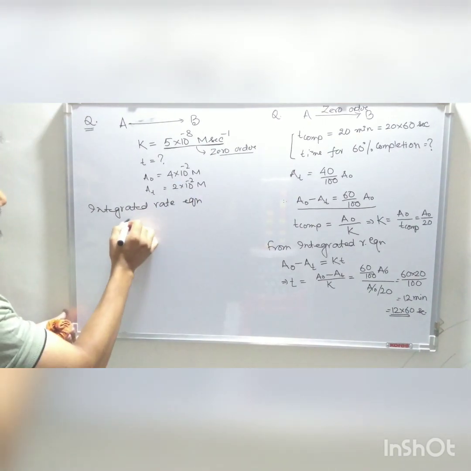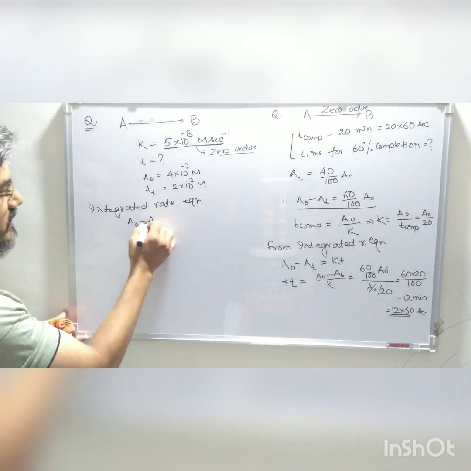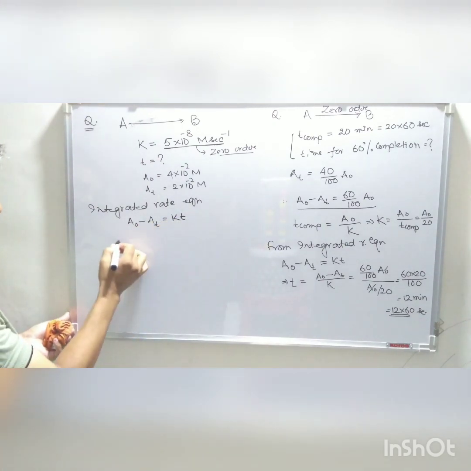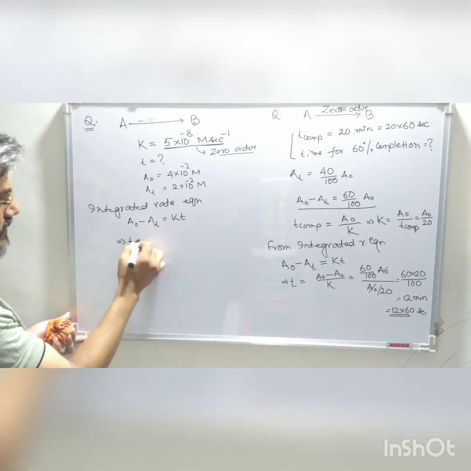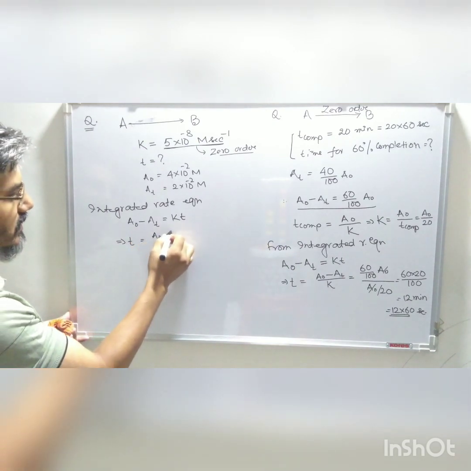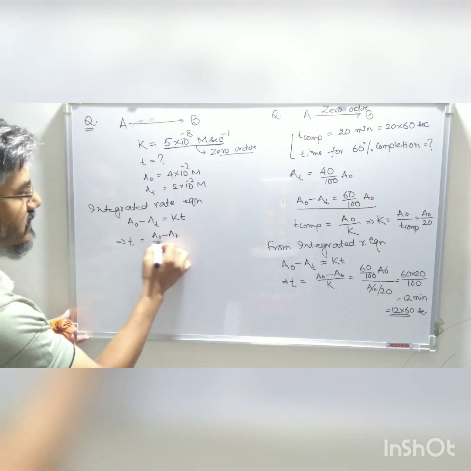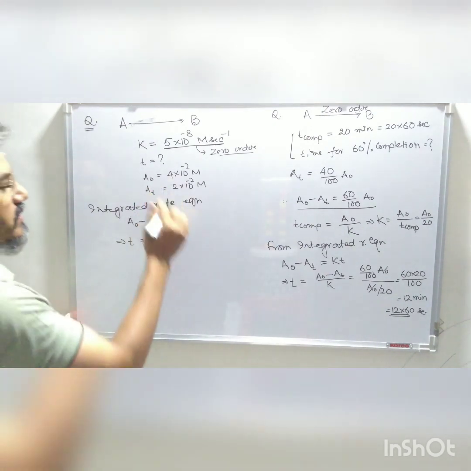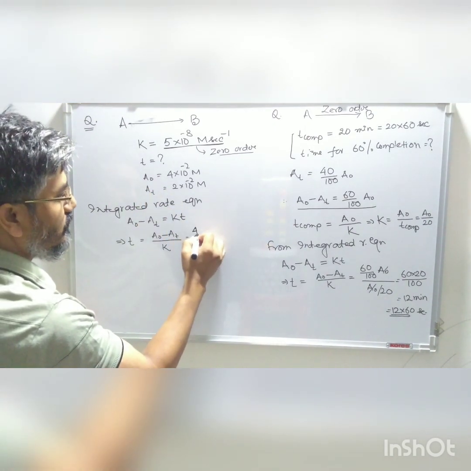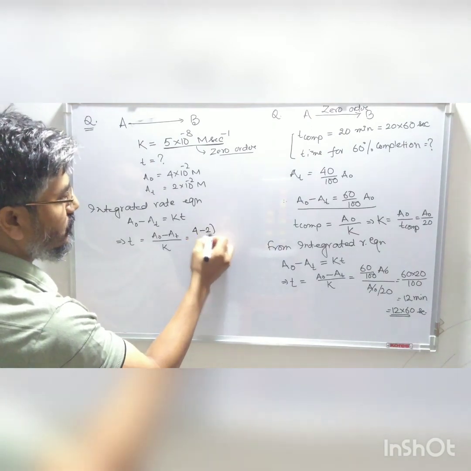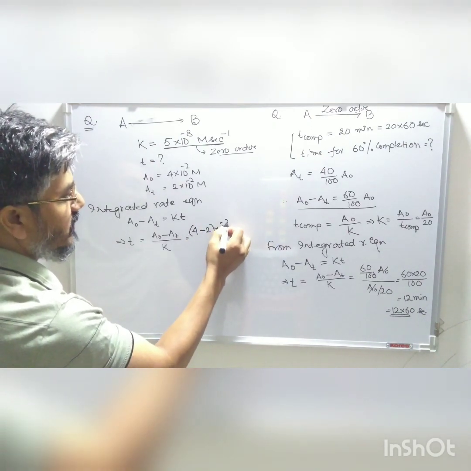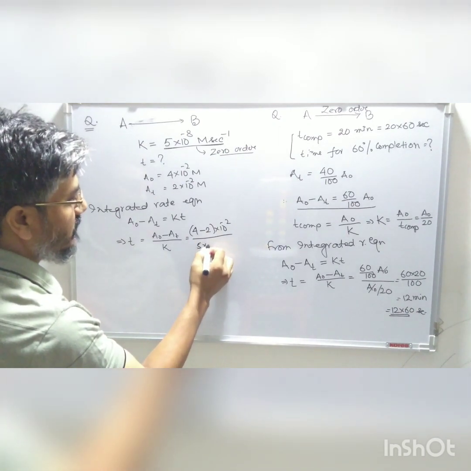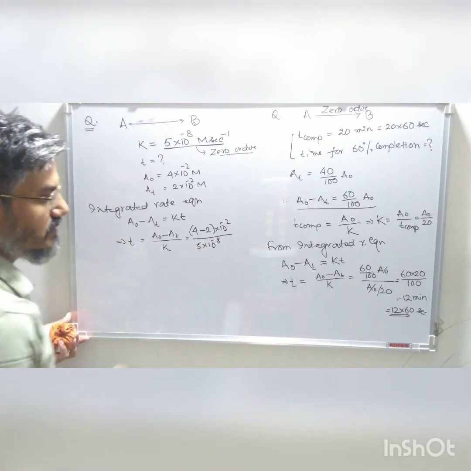The integrated equation we have is A naught minus At equals K t. So therefore the time required t is equal to A naught minus At divided by K. So A naught is 4 into 10 to the power minus 2, At is 2 into 10 to the power minus 2, divided by K. K is 5 into 10 to the power minus 8.